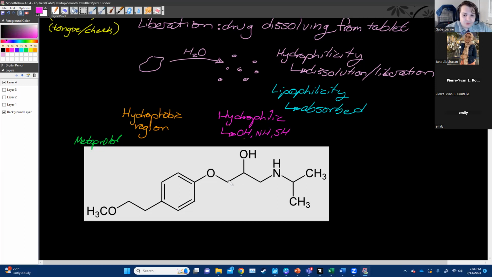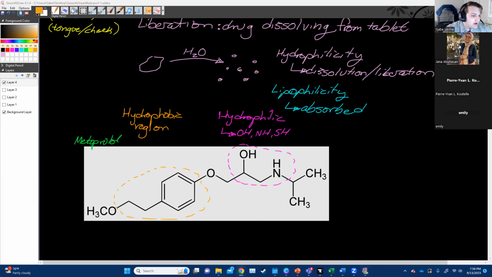So looking at the structure of metoprolol, we can say that the hydrophilic region is somewhere around here. Whereas the hydrophobic region, the part that's going to help it get across the membrane, is over here. And so we have two different regions of the drug.